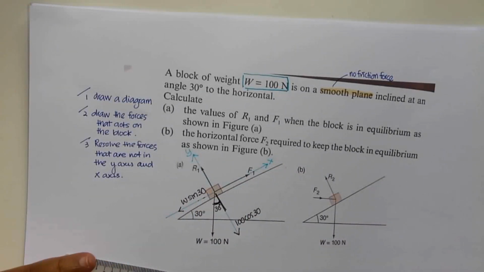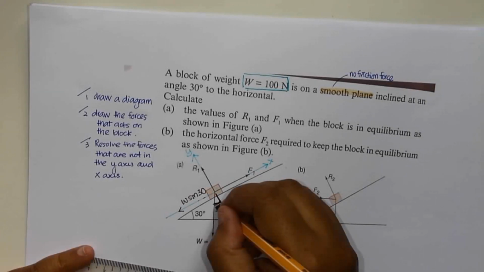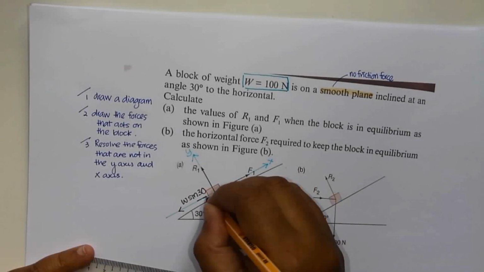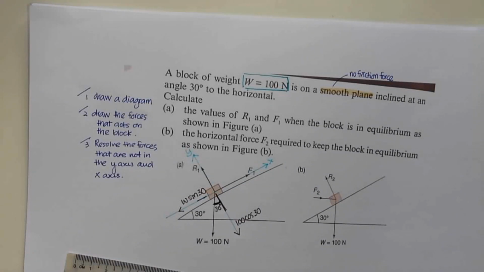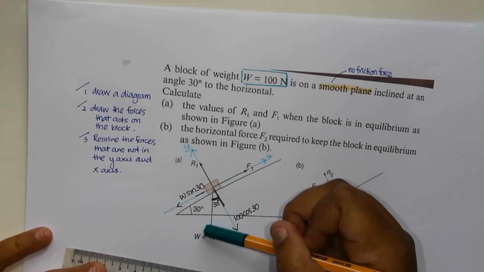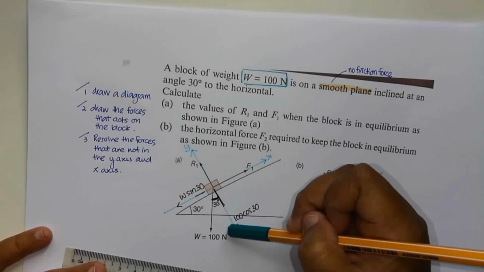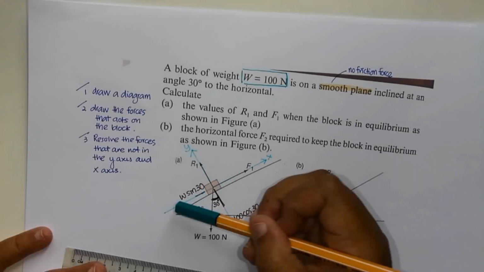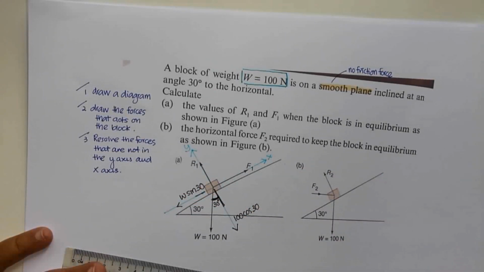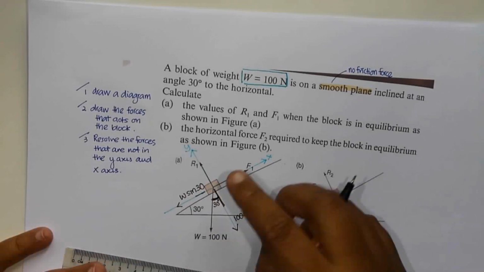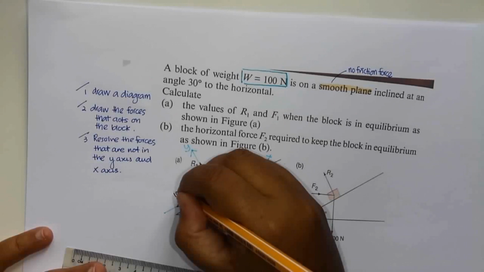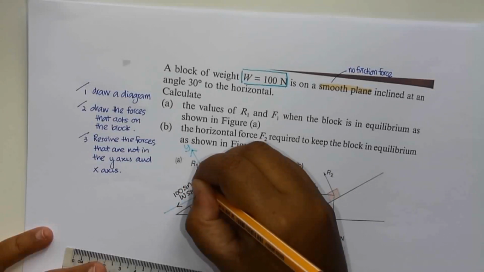I hope you understand that. The direction is outward, so this one also is outward. So here will be 100 cos 30, and here W sine 30, which is 100 sine 30.